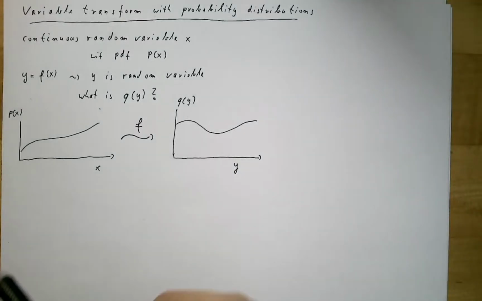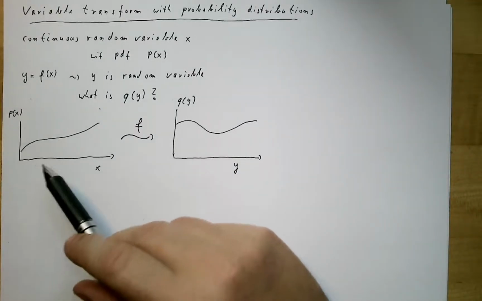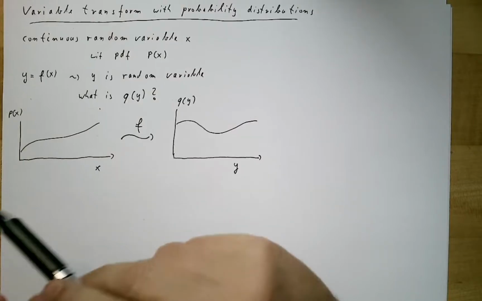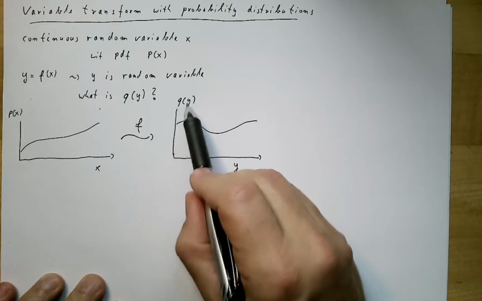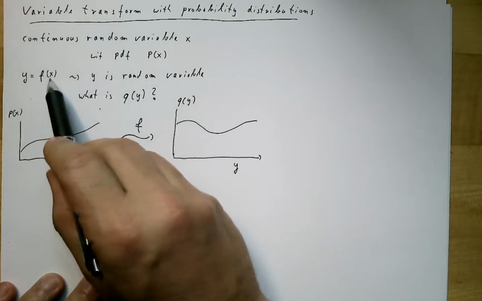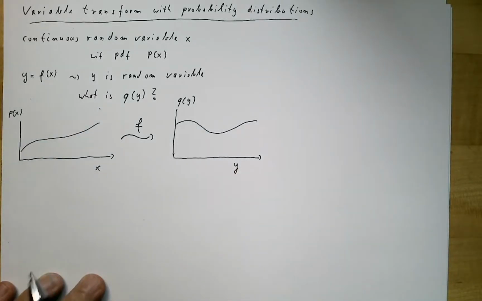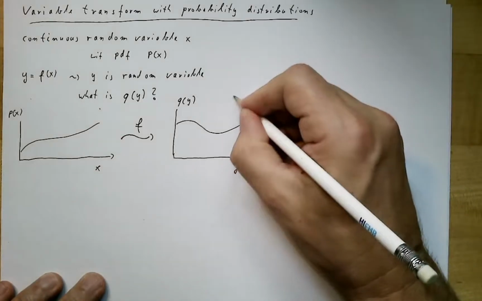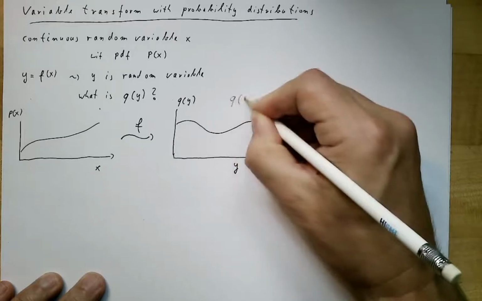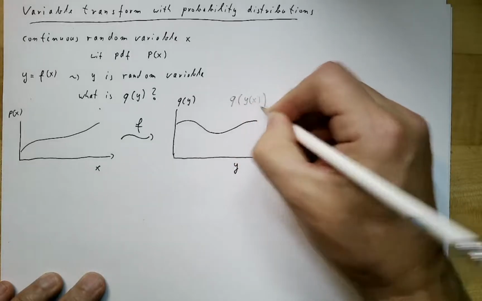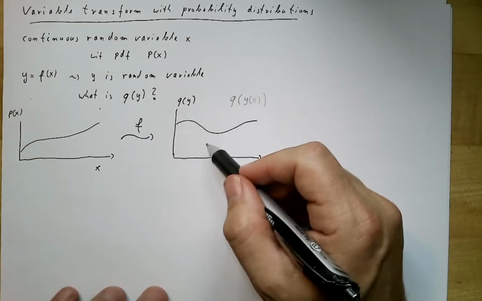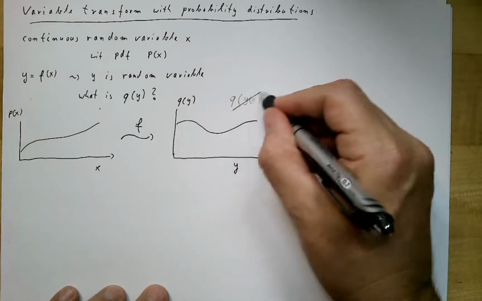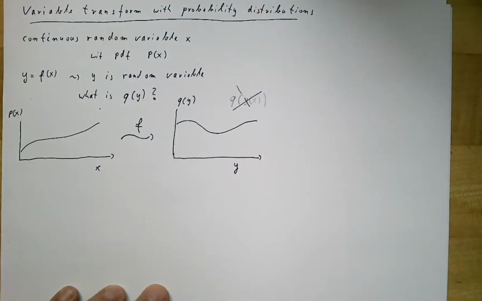Here you have to be careful. The first idea is that, since y is a function of f, we could assume that we write down something like q of y of x and hope that this would be the correct function, but this is wrong. This would give you the wrong idea.